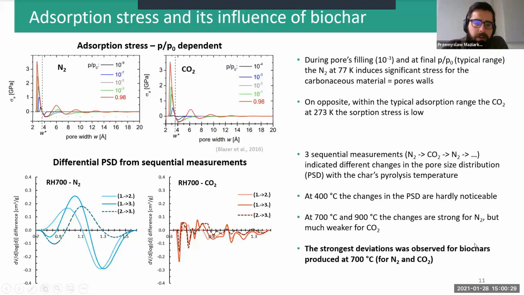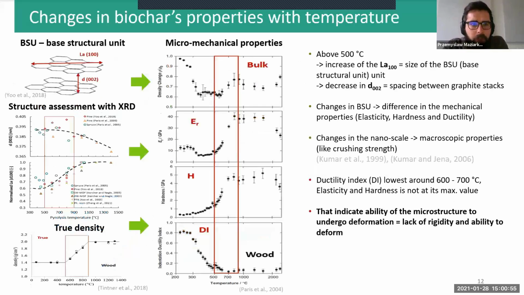In general, for nitrogen and carbon dioxide, the strongest deviations were observed for the biochars produced at 700 degrees, which is the point at which most of the research says there is a peak, and there is usually a problem with measurement of the materials produced at this temperature, which also gave us a hint to investigate that point further.